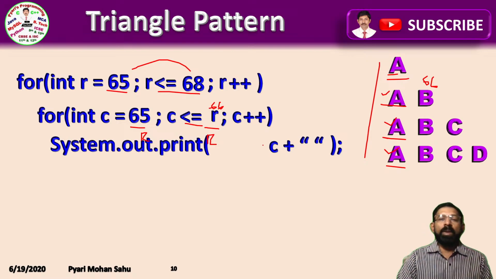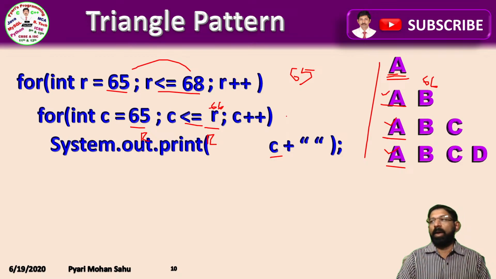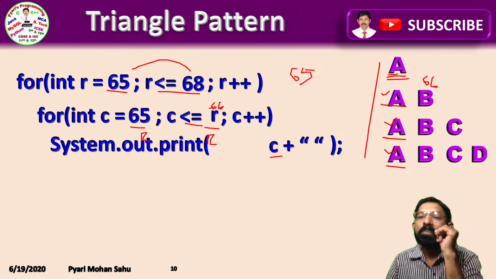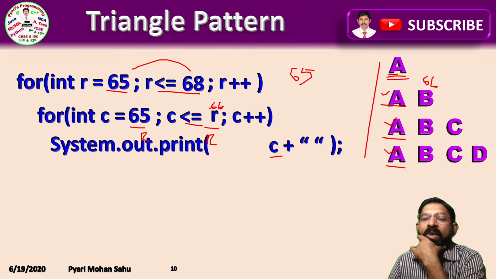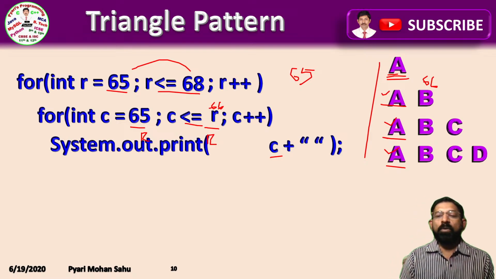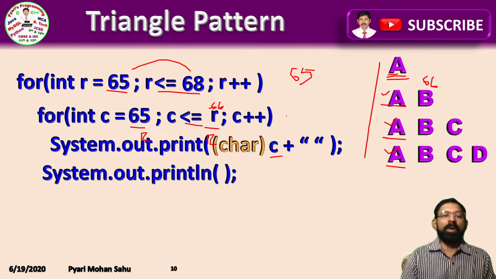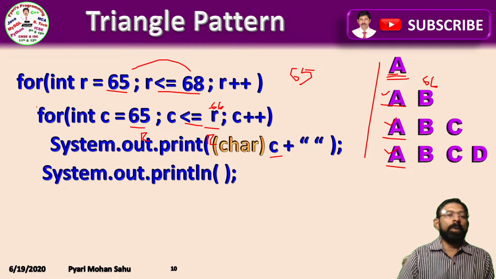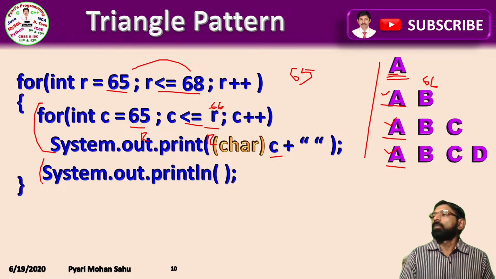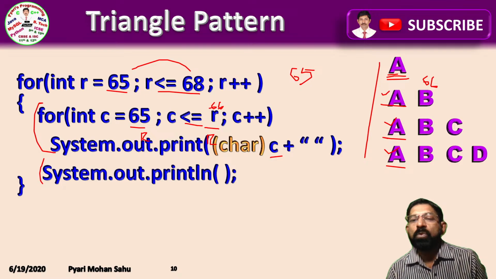But if I display C, it will display 65, as we have seen in the previous slide, not A. Now what should I do so that it will display A, not C? Char. Explicit typecasting is required with char. Excellent. And the next one, obviously println. Though I am having two statements to execute, this is one and this is two, I need curly brackets.